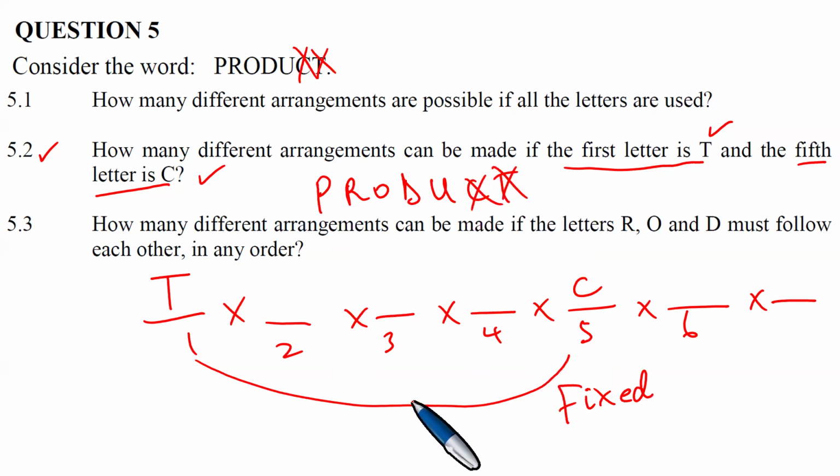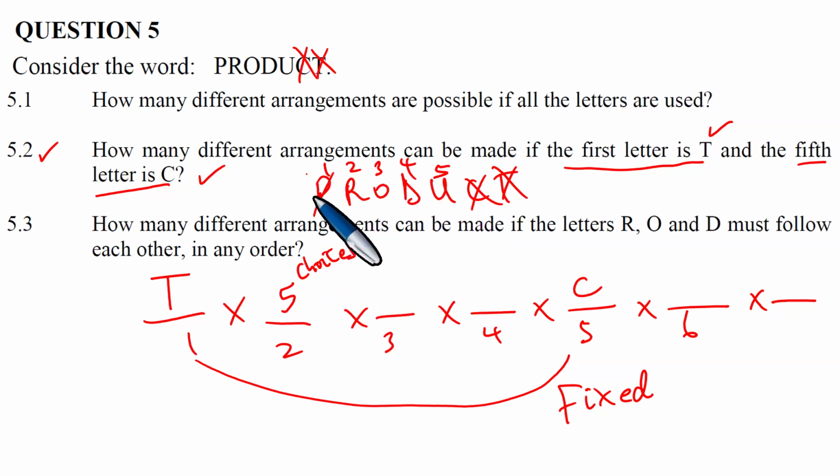We're left with 5 letters. If we are left with 5 letters, how many choices are we going to have? We're going to have 5 choices to make.